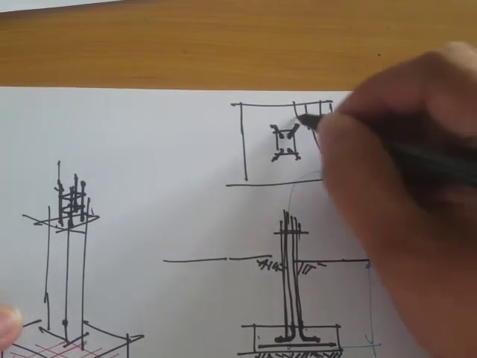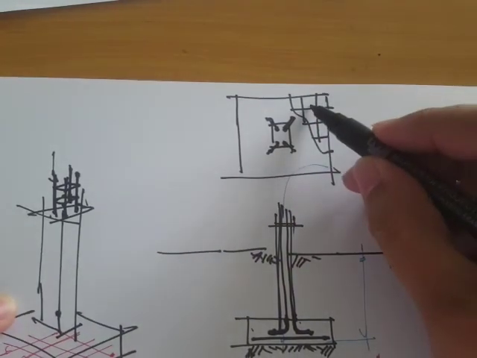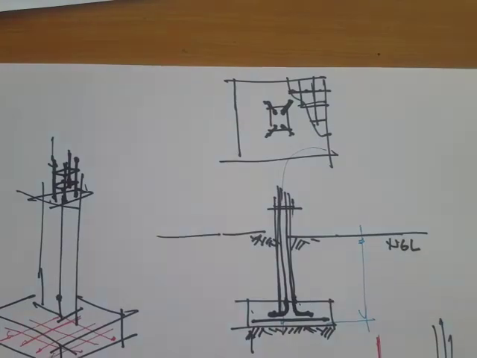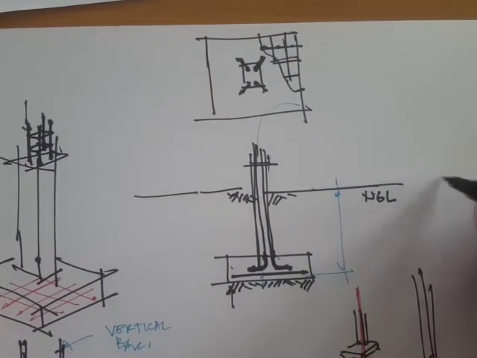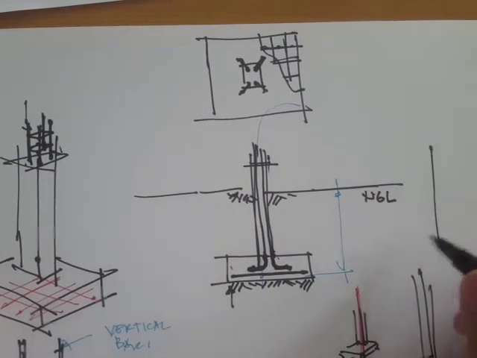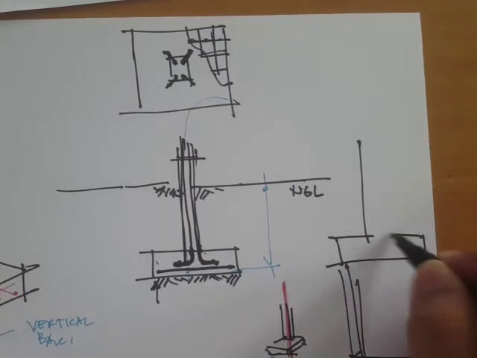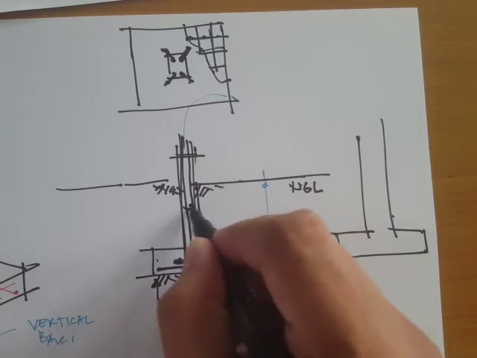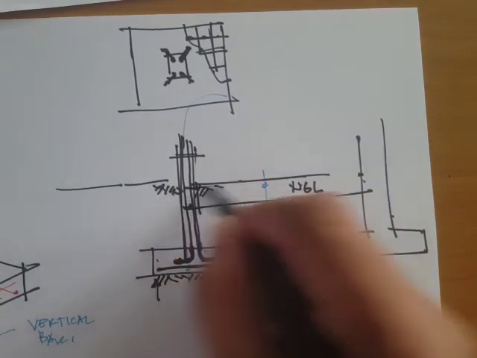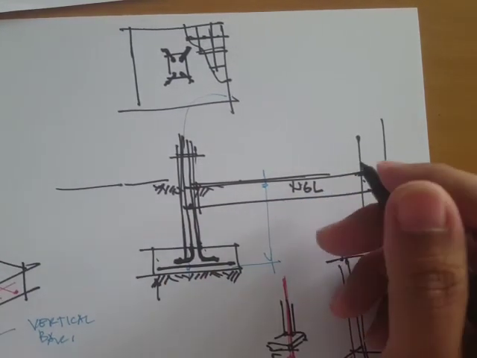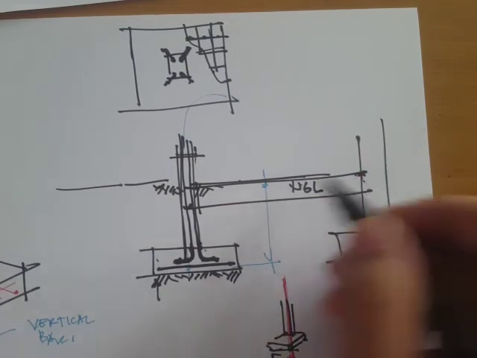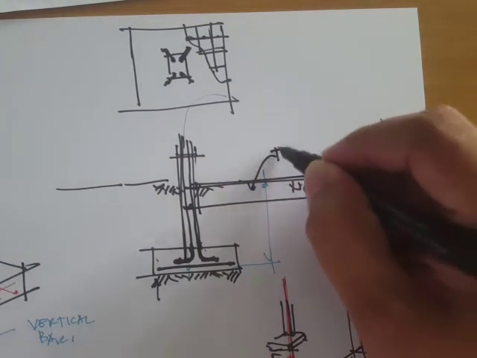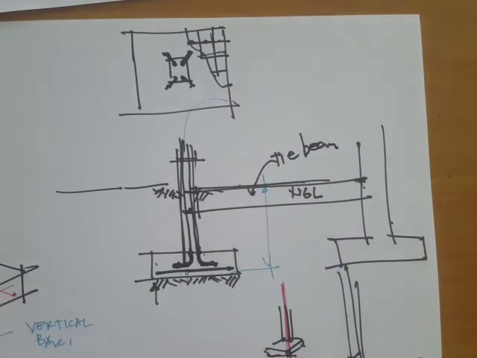So we have steel reinforcement this way, and then that way. Now for tie beams, let's say there is another column right here. A tie beam is actually a beam that connects this column and another column, an underground or on-ground beam. So let's call that a tie beam.